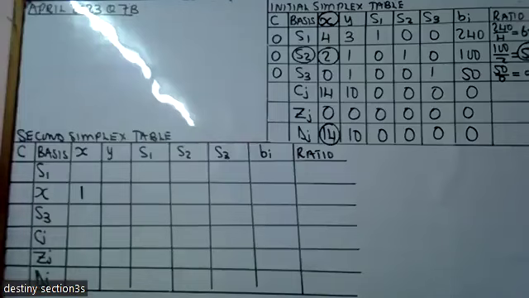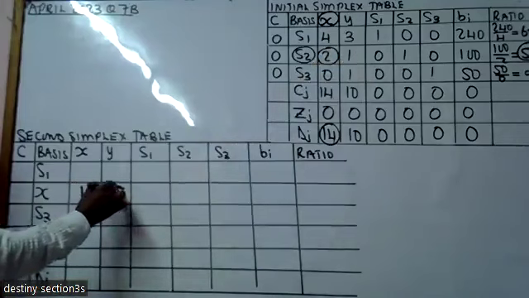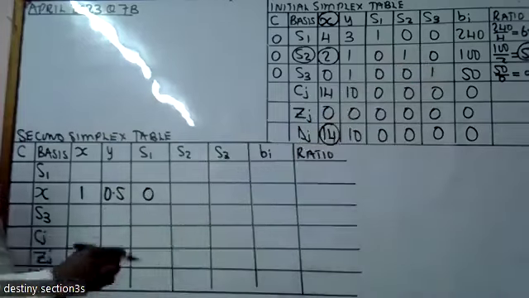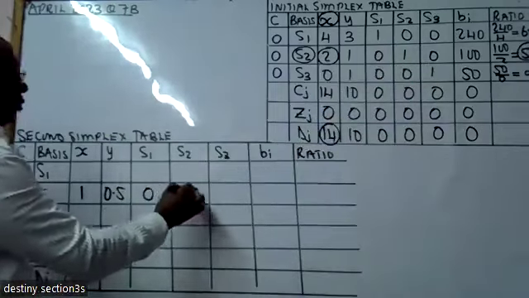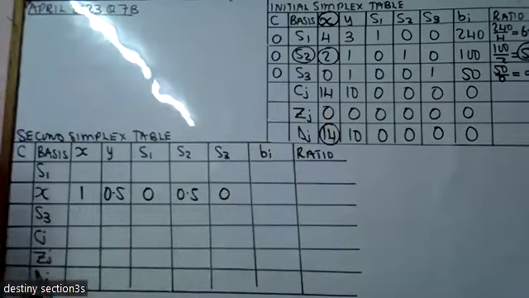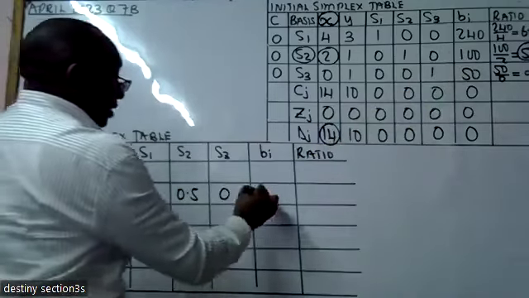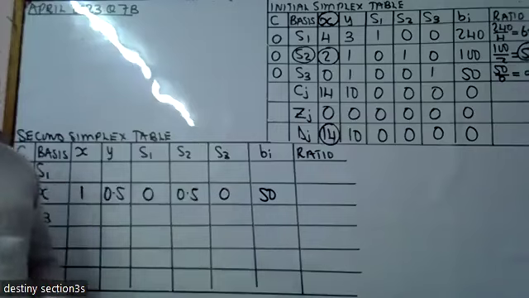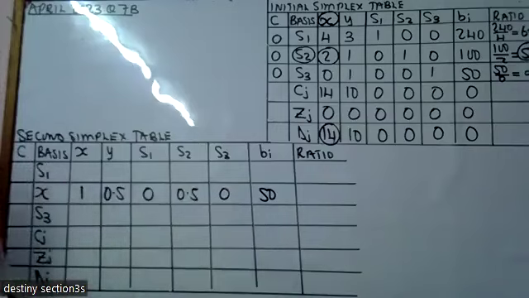Then hiyo ingine unasema 1 divided by 2, 0.5. 0 divided by 2 is 0. 1 divided by 2 is 0.5. 0 divided by 2 is 0. And 100 divided by 2 is 50. And we said that this becomes our new row.